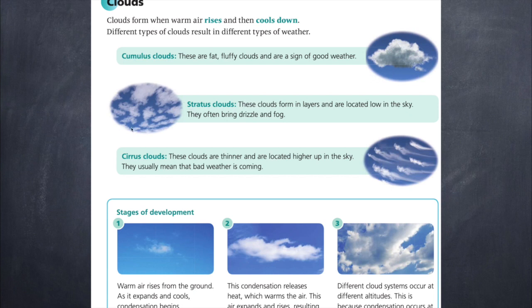If we see stratus clouds in the sky, these clouds form in layers and are located low in the sky, they often bring drizzle and fog. And another type are the cirrus clouds. These clouds are thinner and are located higher up in the sky, very far. They usually mean that bad weather is coming.